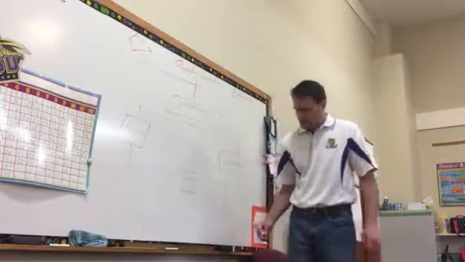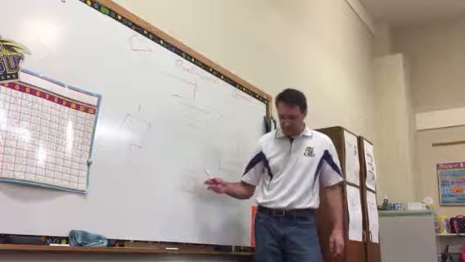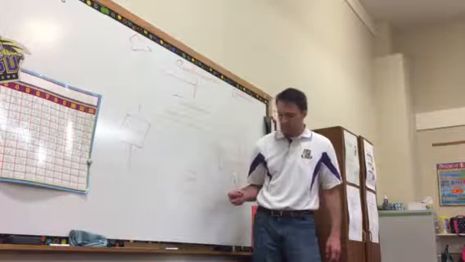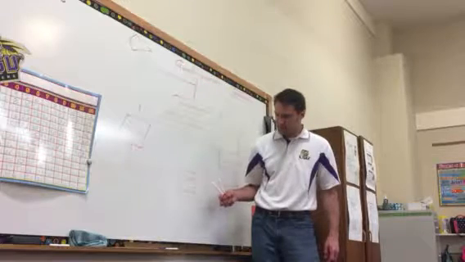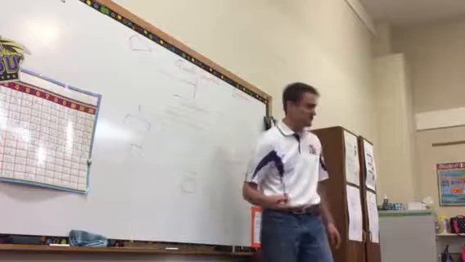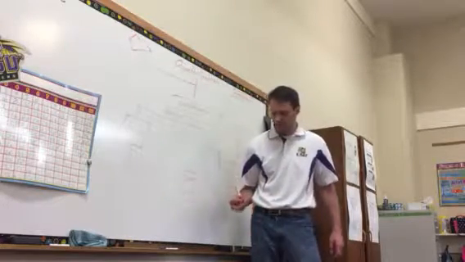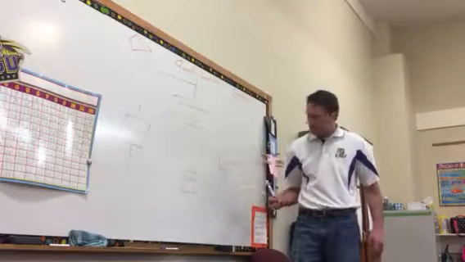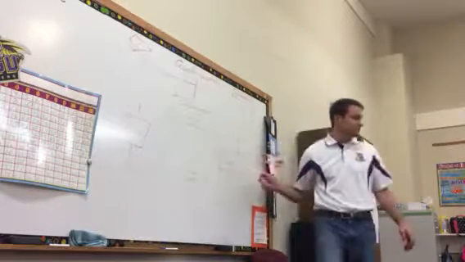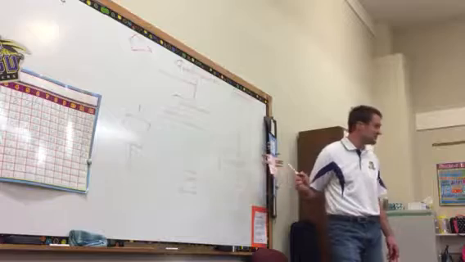Alright. Are all the sides the same length? No. Okay, so we know it's neither one of these. Not a square or a rhombus, because not all sides are the same length. Does it have all right angles? No. So we know it's not a rectangle.